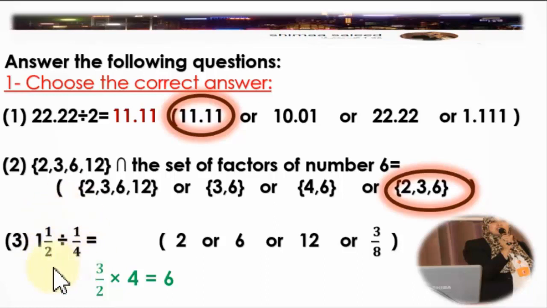Then convert the division sign to a multiplication sign. Don't forget to take the reciprocal of a quarter, which is 4. Now multiply 3 by 4, 12, divided by 2 equals 6.